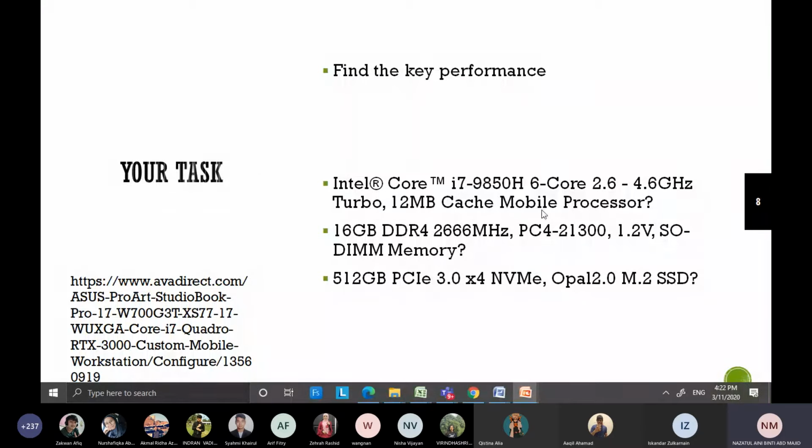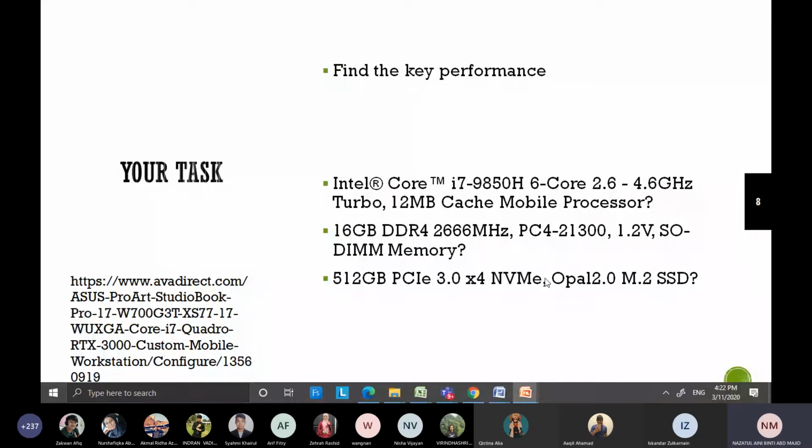You can also find many technical terms, like DDR4, PC4, and the speed. If you want to know more, you can search these technical terms.